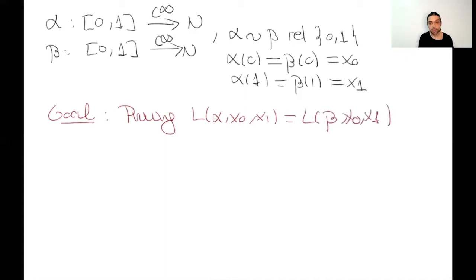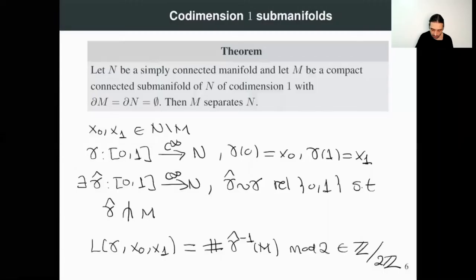Okay, that's going to be very, very useful in the proof. So what happens here is that we can suppose that alpha and beta are transversal to N. That's because we can replace alpha with alpha hat and beta with beta hat.